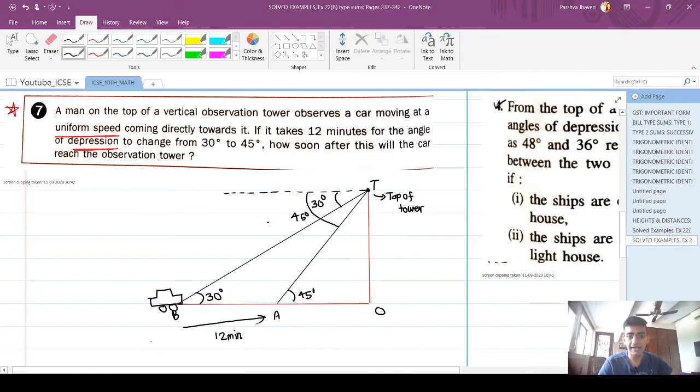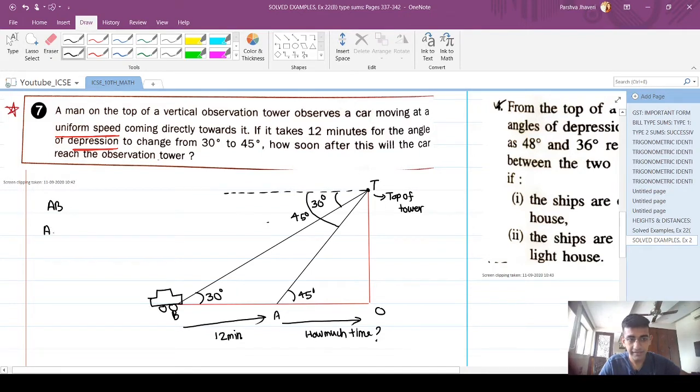So I'll tell you my strategy of what I'm solving. They've asked us how soon after this will the car reach the observation tower. So they are saying, to go from A to O, how much time will it take? They are asking us this. So first I will calculate the distance AB.